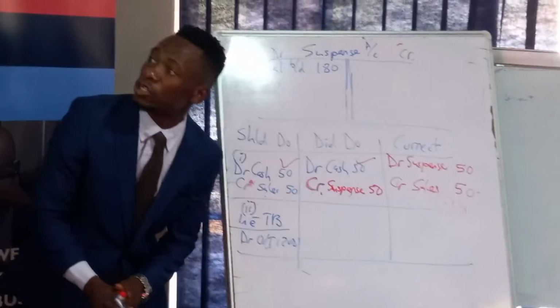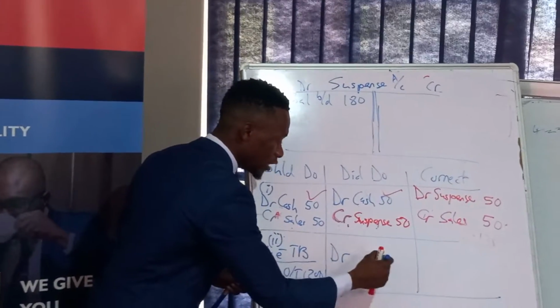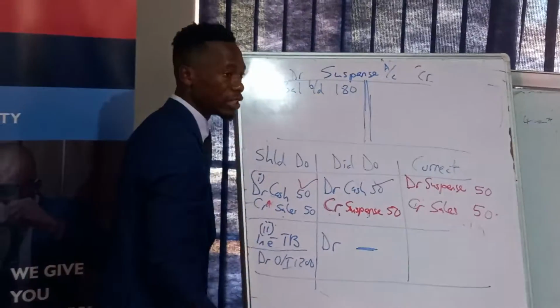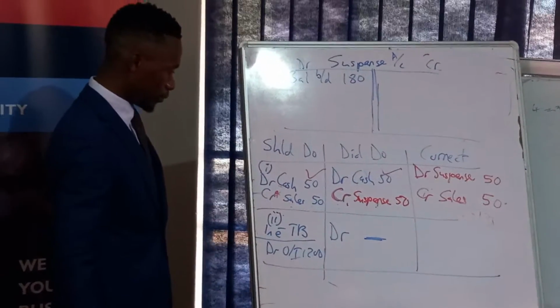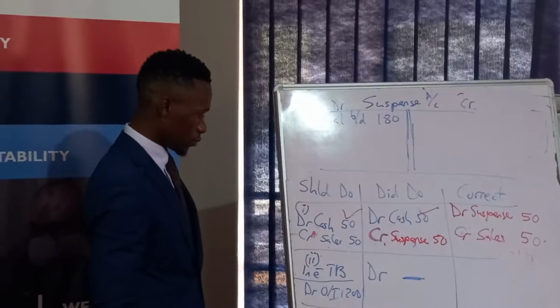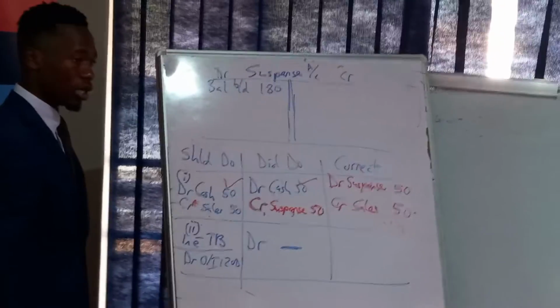But on the did do, what did they do? They omitted it. On the debit, they did not record. Do you follow? Do you understand?